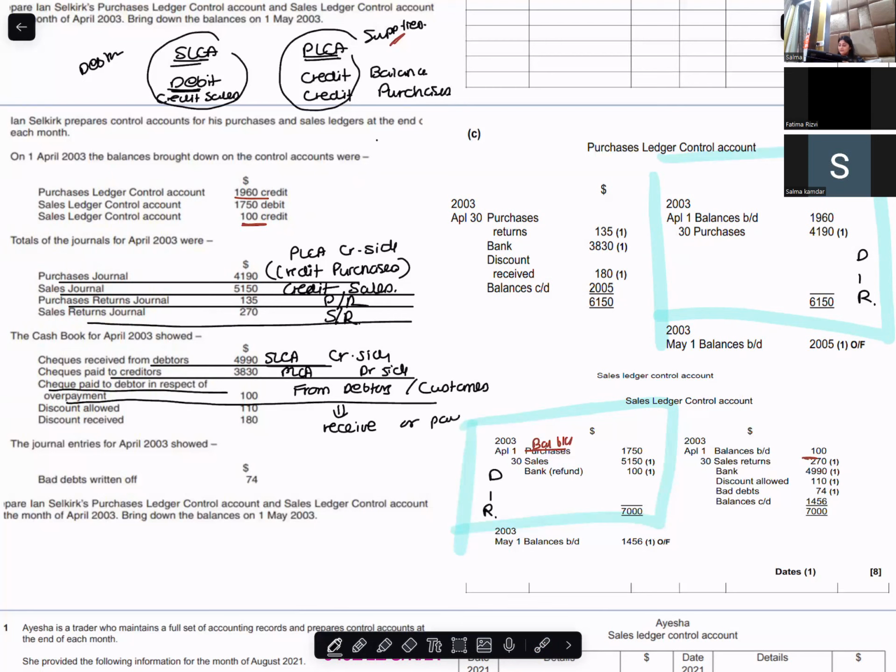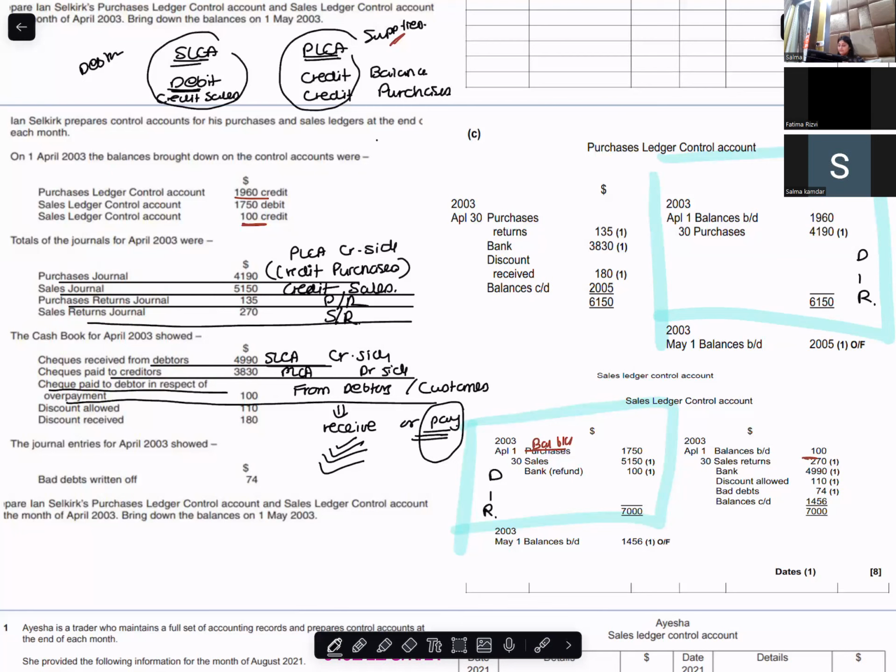You receive money. So receiving money from your customer is a normal thing. But here you are paying money. So when you pay money to your customer, what does this mean?